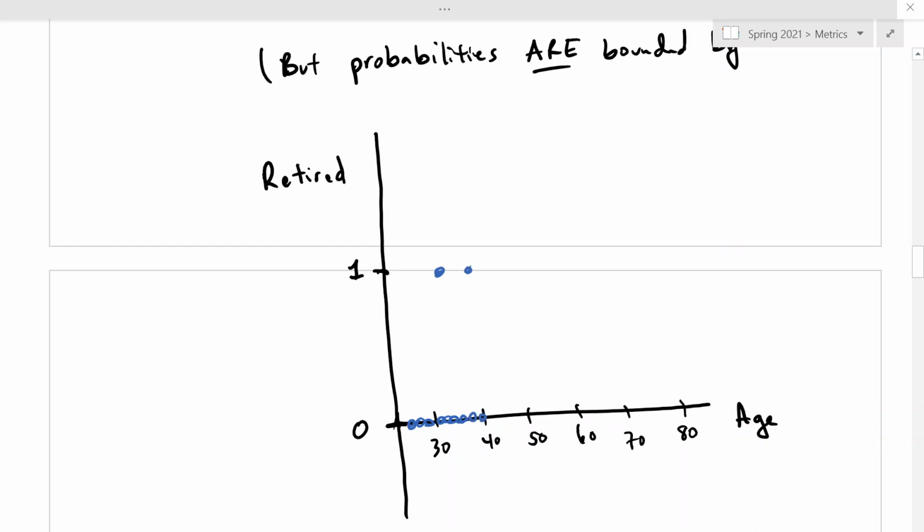But by and large, there are only going to be a few young people who are retired. In the 50s, we might start getting a few more, and it's going to start tapering off. So as people get older, 65, actually let's just keep a pretty wide range until 65, more people start retiring early. And then there are going to be a few more people.